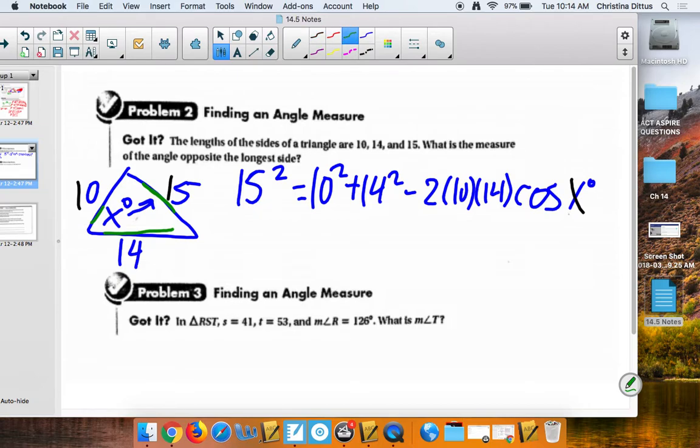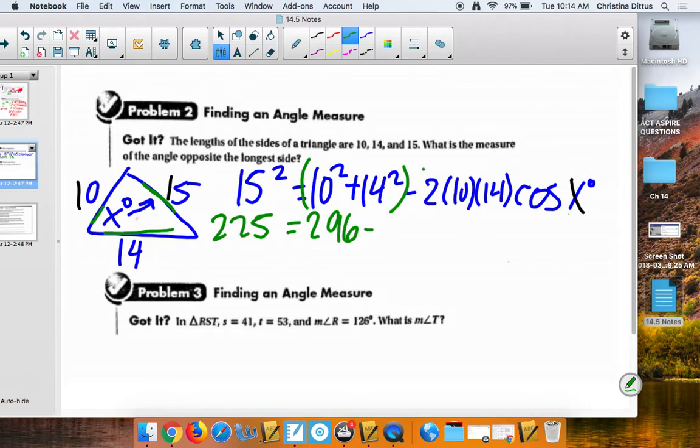Okay, anyways. 15 squared is how much? 225. Let's do all this together. 10 squared plus 14 squared, that is okay to go in at once. What do I get from there? 296.